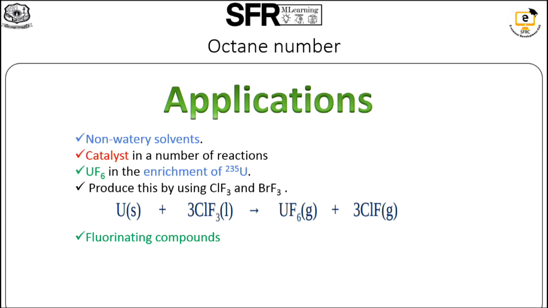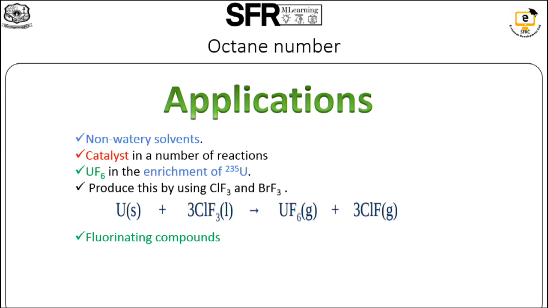Similarly, they are used as catalysts for many reactions. One of the main compounds is uranium hexafluoride. This uranium hexafluoride is used for the enrichment of uranium in nuclear power plants. For the preparation of uranium hexafluoride, an interhalogen compound is used.